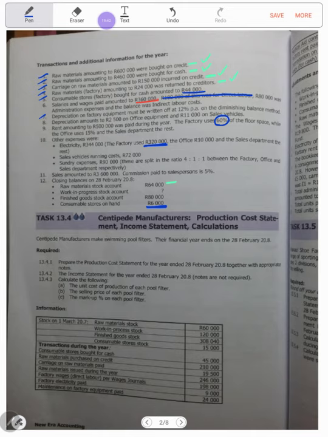Respectively means as it is in order. So 4 meaning the factory uses 4, office uses 1, and the sales department uses 1 as well. It's going to be shared that way.